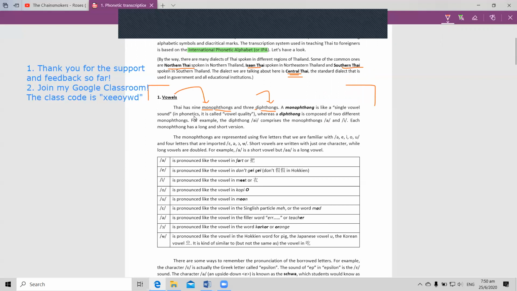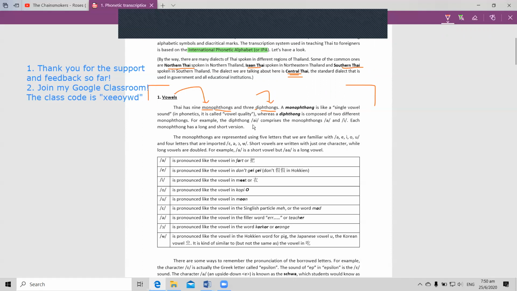So vowels with different sounds are said to have different vowel qualities. For example, the vowels A and E sound different. These are all different vowel qualities, okay? So a monophthong is just one vowel, whereas a diphthong is made up of 2 monophthongs.